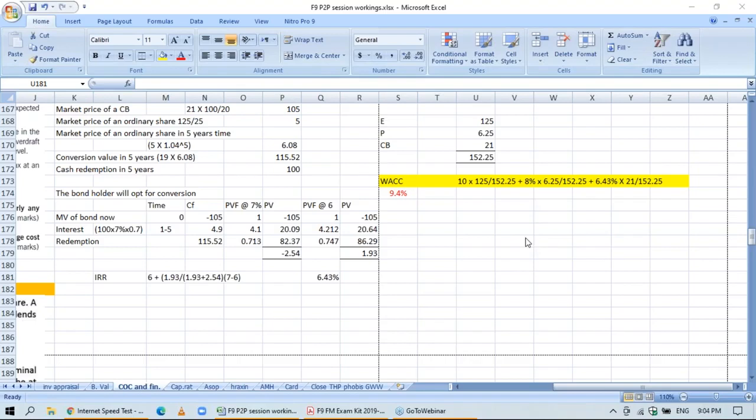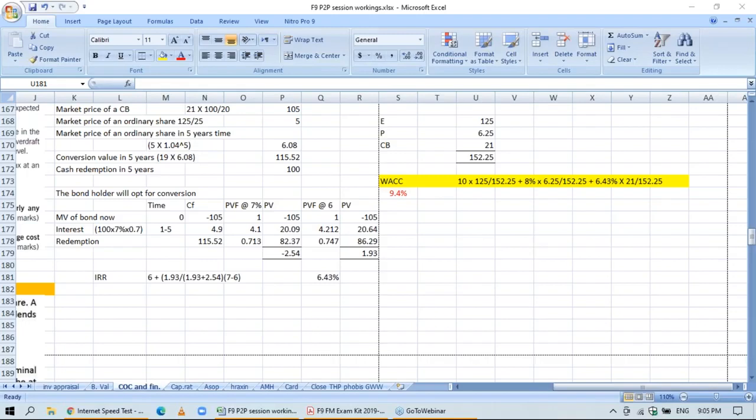Okay, the market value of the convertible bond is simple. See, what I did first is, 20 million was the face value of the bonds, right?